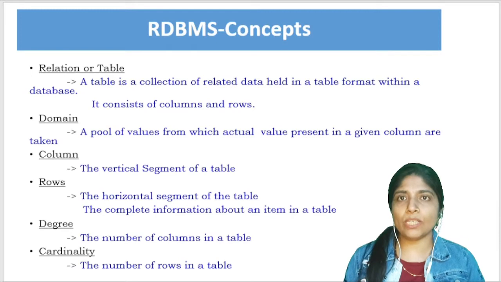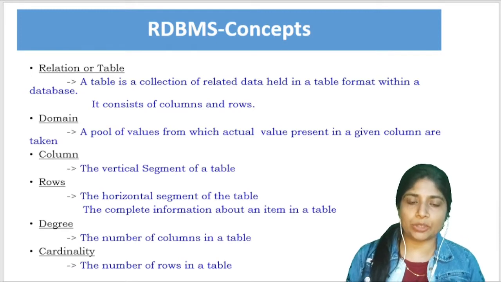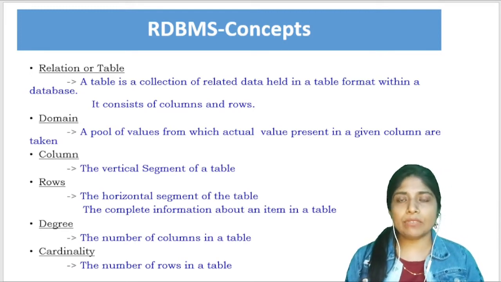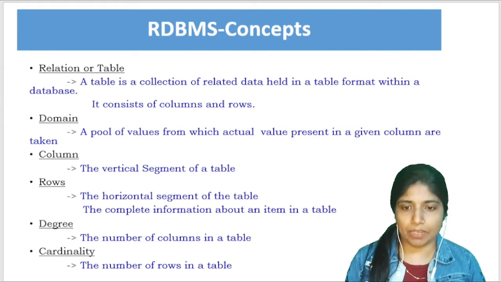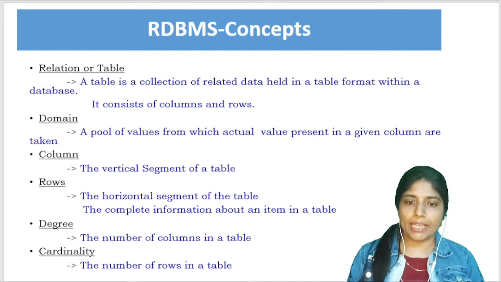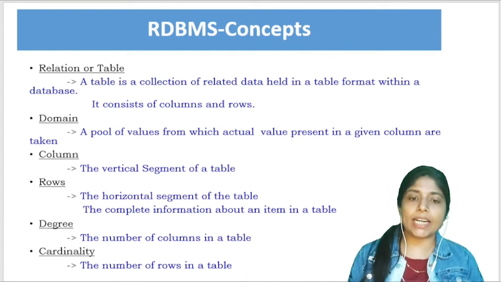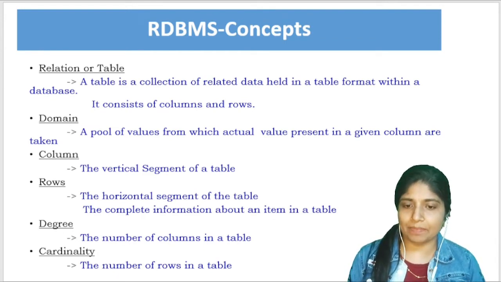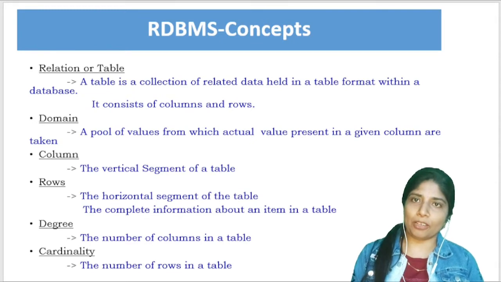Now let us look into some of the terms related to RDBMS. The first one is relation or table. Relation is another name for table. A table or a relation is a collection of data held in a table format within a database. It consists of columns and rows.